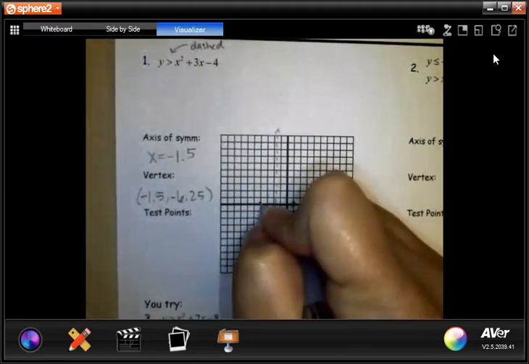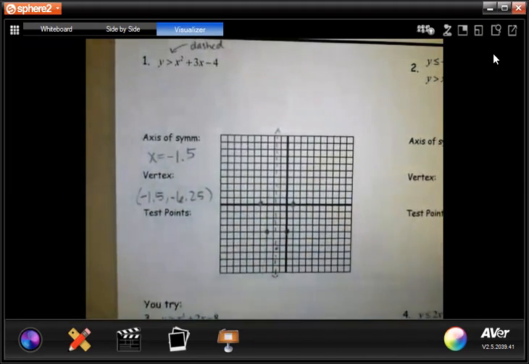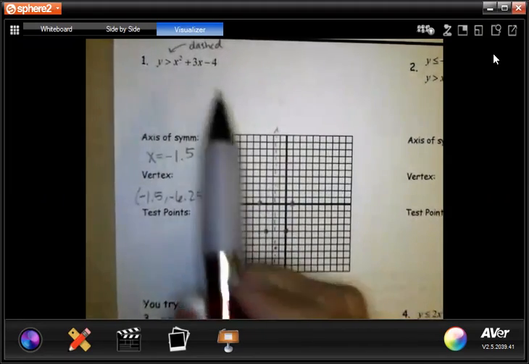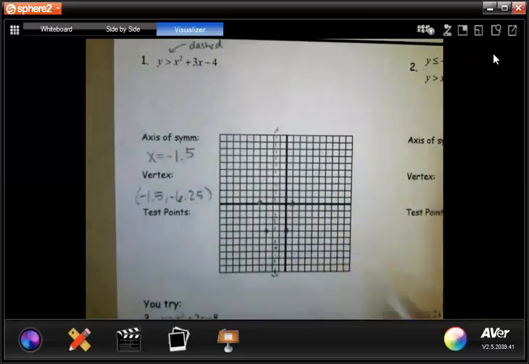And negative 4, 0. Whatever happens to one side also happens to the other, so we have that point there, which we knew this point as well, since that's the y-intercept. Since this is in standard form, we know that negative 4 is the y-intercept. And so there it is.